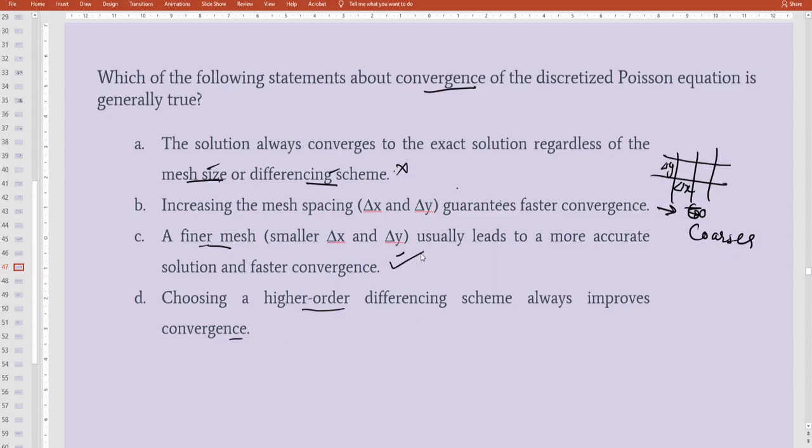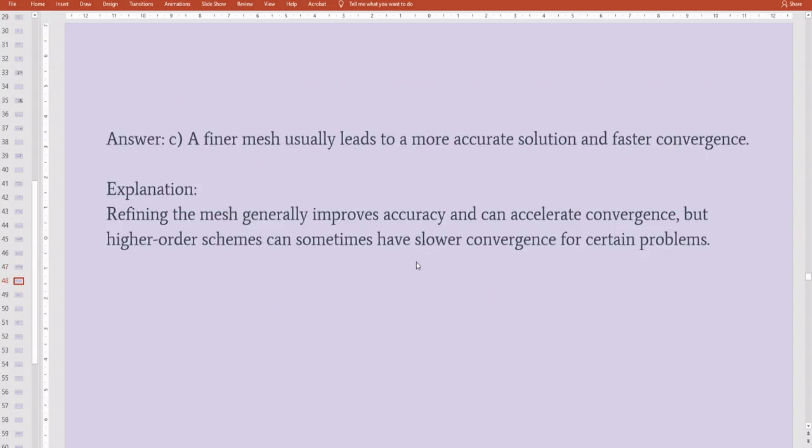So our solution becomes option C, that we know a finer mesh usually leads to a more accurate solution and fast convergence. So we need a finer mesh or optimum mesh, because if we make it very much finer, the computational cost will increase.